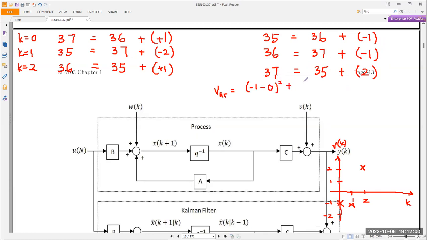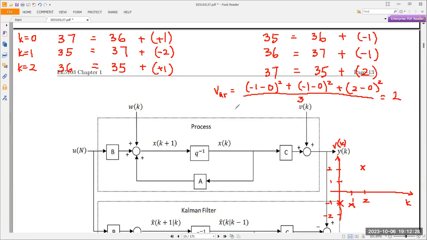The second number is -1; you subtract the mean, then square it. The third number is 2; you subtract the mean, then square it. Then, since there are 3 of them, you divide by 3. I calculated the number, which is 2. So the variance is 2.